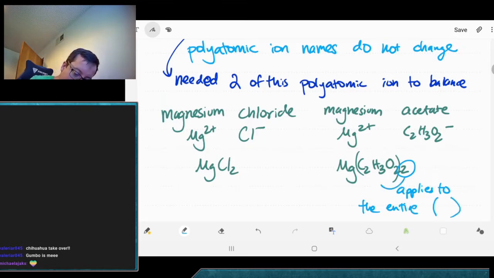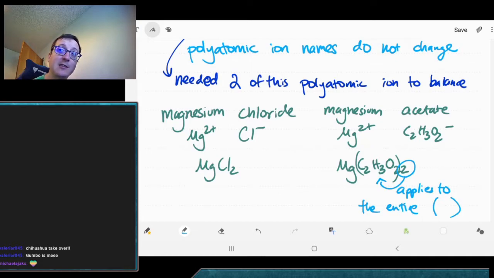So this 2 represents 2 of the entire acetate unit. So we need 1 magnesium ion and 2 acetate ions. Put those together and we have balanced our compound. So the 2 goes with everything that's within it.